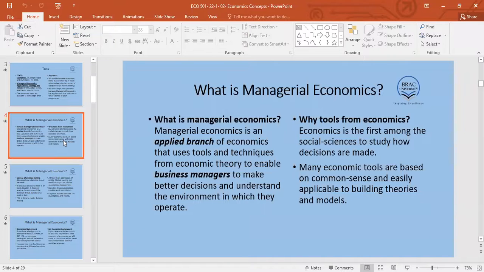So how do these business managers make decisions? This is what we will be looking at throughout the whole course. How does a manager of a business, that manager may be the owner, may not be the owner, make a decision under the different environments they find themselves in?